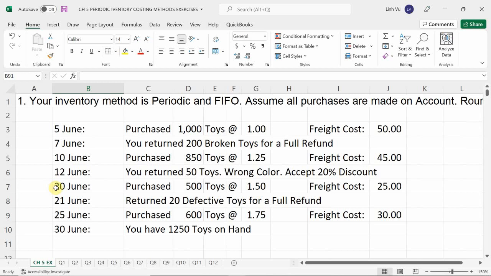And of course, you have the option. Are you going to accept it or are you going to say, no, I want my money back because I want those 50 toys to be the right color? In this case, you accept the 20% discount because you're like, you're right, I can still sell these toys. I just sell them at a higher price because it's limited. So in this case, I'm going to accept my 20% discount. So therefore, how am I going to journalize this allowance?